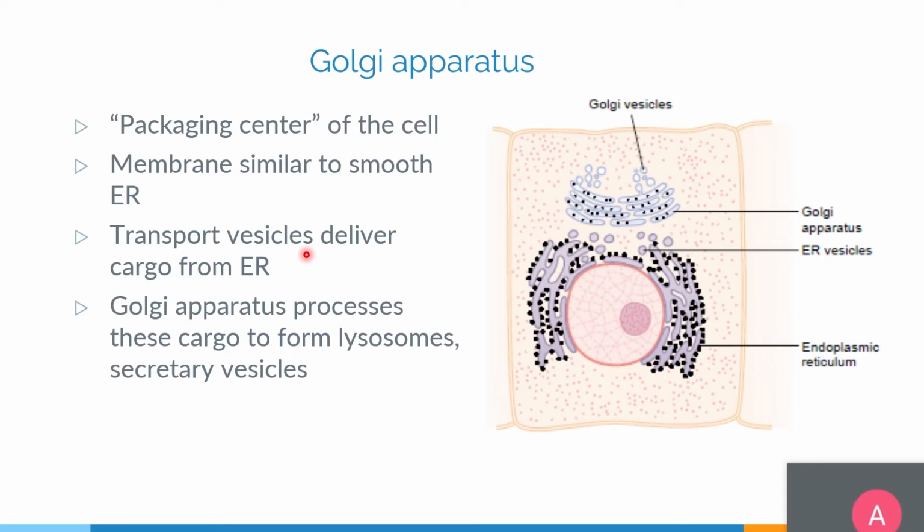Proteins and various other substances reach the Golgi apparatus from the ER using transport vesicles, and the Golgi apparatus processes these cargoes to form lysosomes and secretory vesicles. So the Golgi essentially forms various lysosomes and secretory vesicles in which proteins are packaged and then targeted to various parts of the cell as and when required. And thus the Golgi is known as the packaging center of the cell.